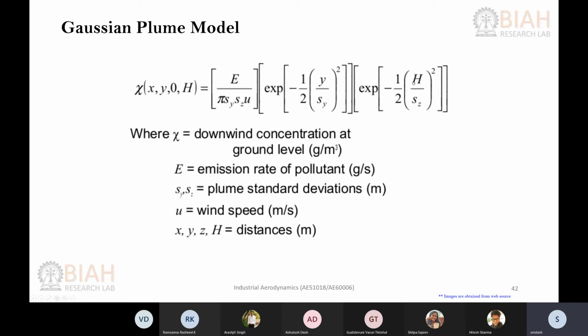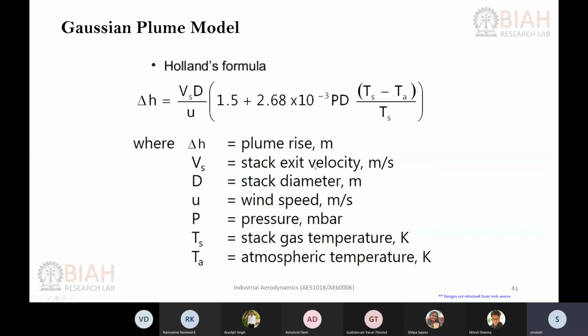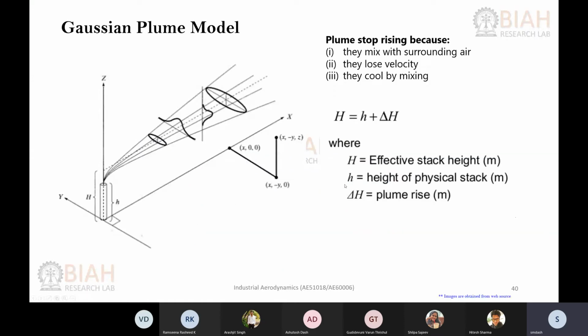Okay, and H is your effective stack height, that is generally given to you, or if it is not given, then you need to find out using the Holland formula. Okay, so first you need to find out the plume rise, that is delta h, plume rise using the Holland formula. Then H is your physical chimney height.